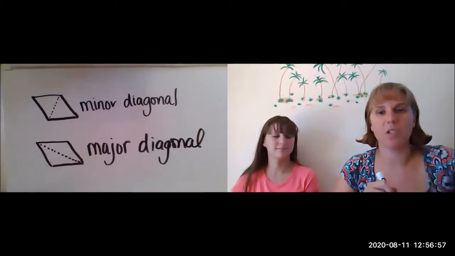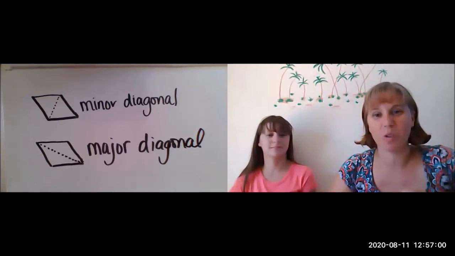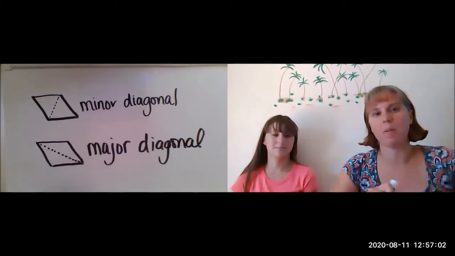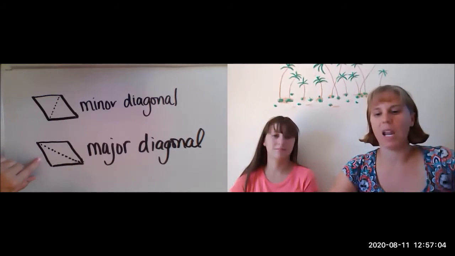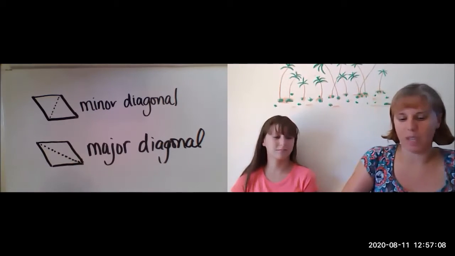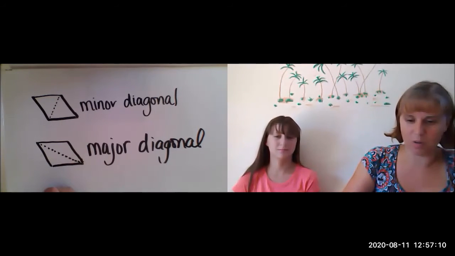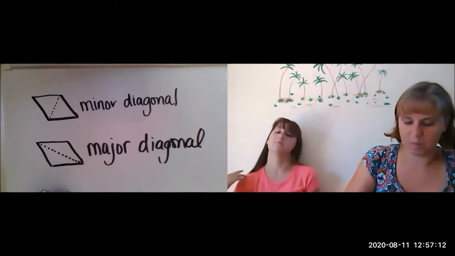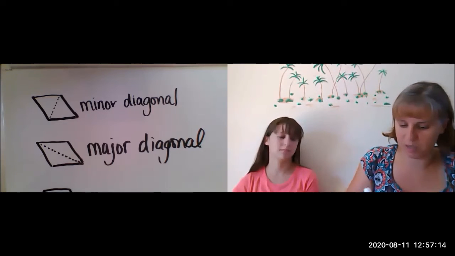I'm going to leave that up there just for a minute because I want you to see those words, because this is part of your follow-up. I would like you to draw your two rhombi and label the parts, the minor diagonal, the major diagonal. And we have a couple more that aren't going to fit. But I'll move the whiteboard up in just a second.